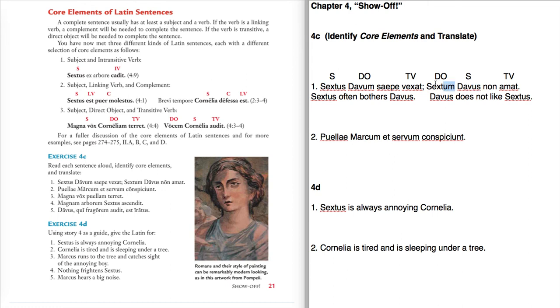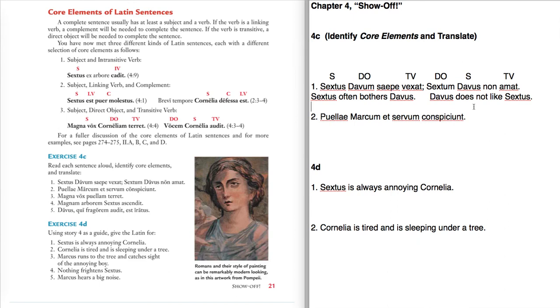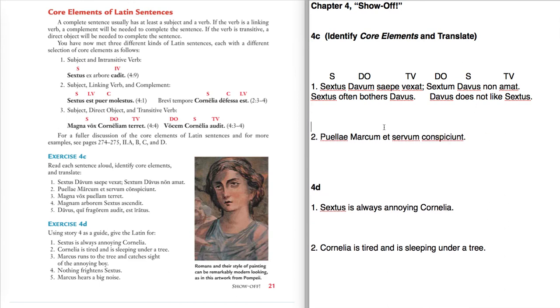So even though the words are this way, we're going to say Davos is the subject, and he does not like Sextus. So it's a very similar situation to this first sentence. Subject, transitive verb, and direct object. So that's number one.